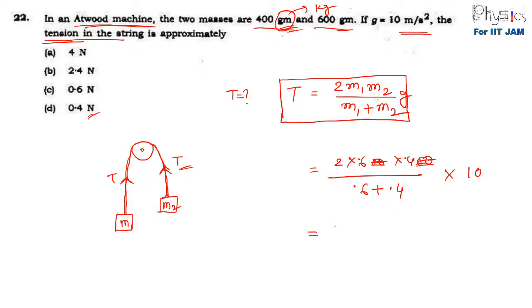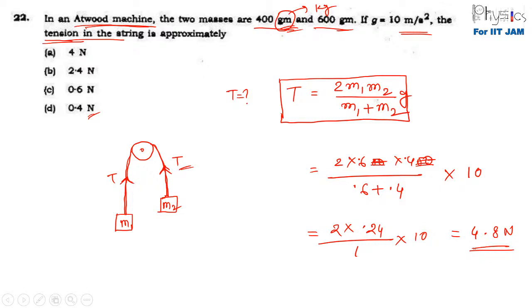So we get 2 times 0.24 by 1 into 10, that is equal to 4.8 Newton, right? It is 4.8 Newton.